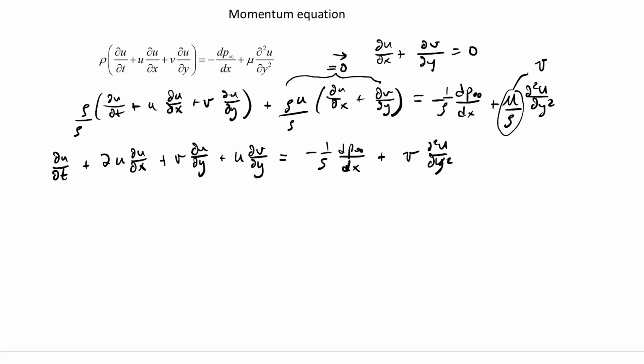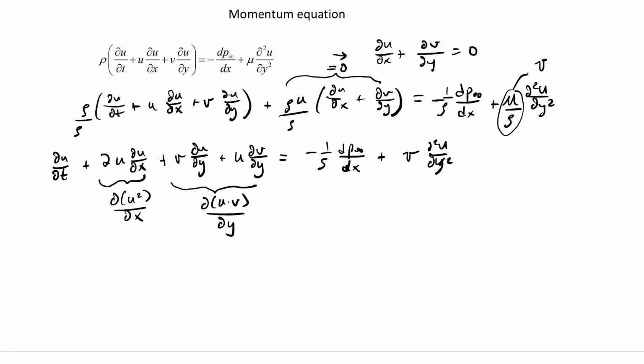All right, so then we can note a couple things. One, this term here is actually du squared dx. If you evaluate that out, it's the same thing. And this term here is actually d of u times v dy through the chain rule. Hopefully you can see that both of those things are true.